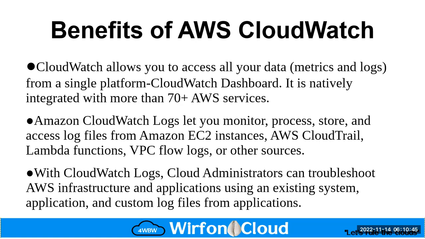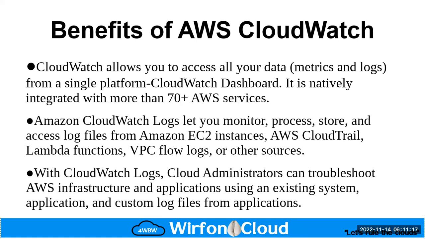You can then have a view of what is happening within your AWS environment. With Amazon CloudWatch Logs, you can monitor, process, store, and access log files from Amazon EC2 instances, from CloudTrail, from Lambda functions, from VPC flow logs, from so many of the services that you configure in your AWS environment. The CloudWatch logs will let you see what is happening within all those services.